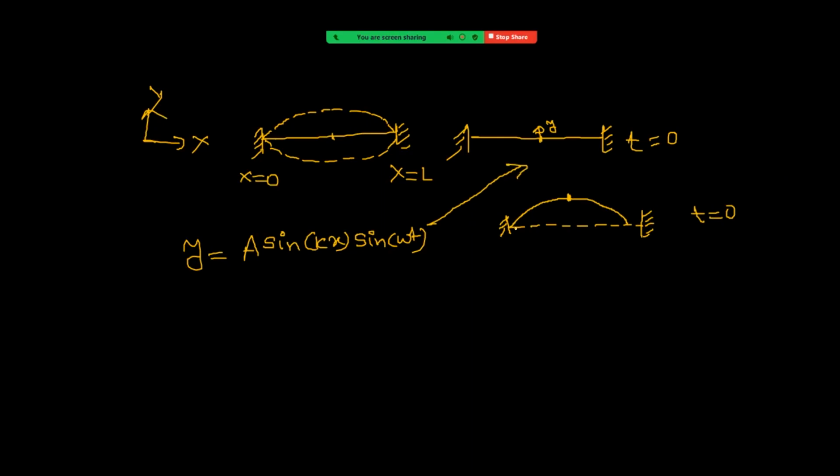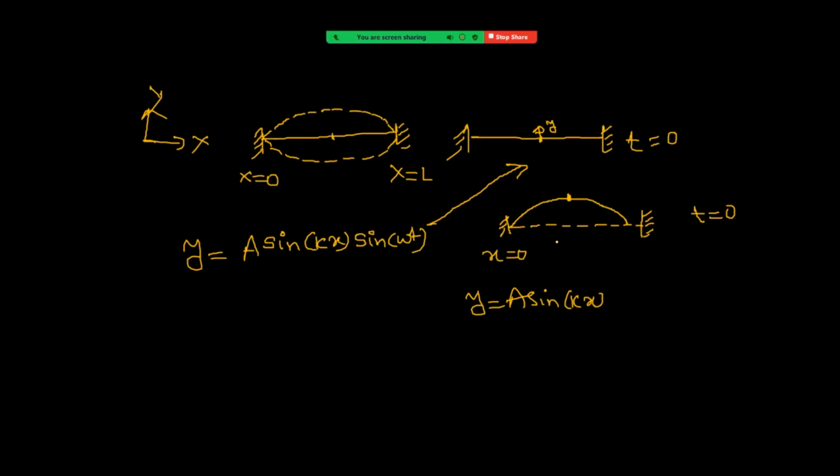Now, if question is given like this, midpoint of the string is at its extreme position, then see what happens here. Coming to sin kx, no change, y equal to A sin kx. Why no change? Because x equal to 0 is fixed, that is a node.